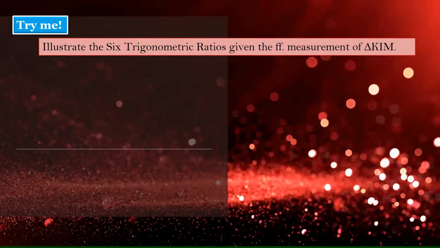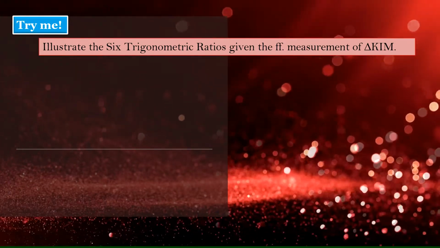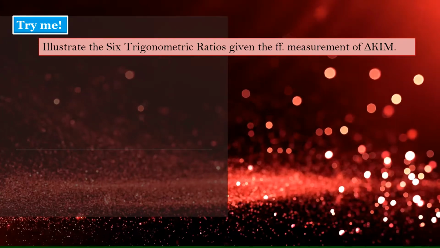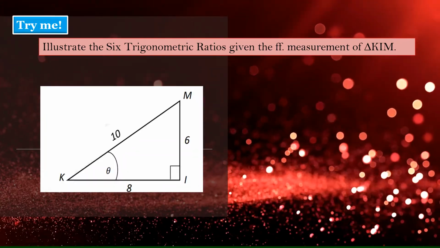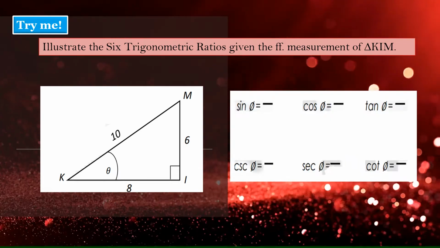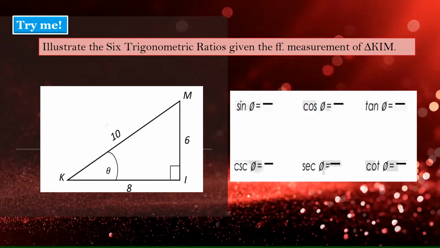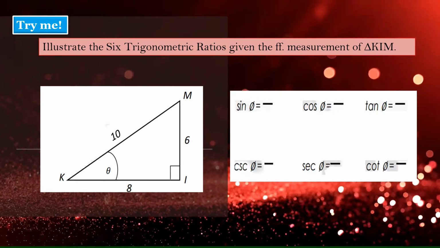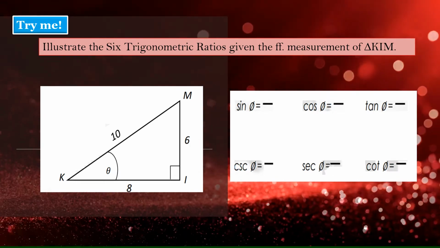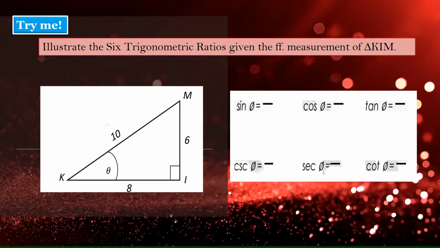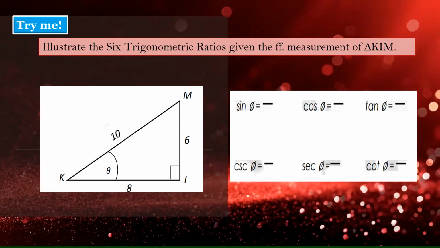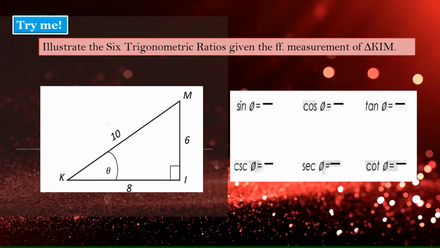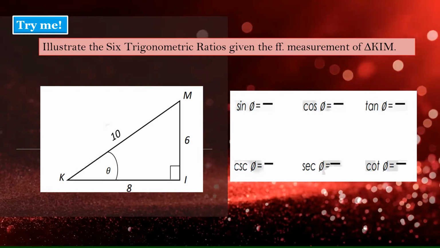Let's try another example. Illustrate the 6 trigonometric ratios given the following measurements of triangle KIM. Let's start with sine theta. Sine theta is equal to opposite over hypotenuse. The opposite of our theta is 6 and the hypotenuse of our triangle is 10.